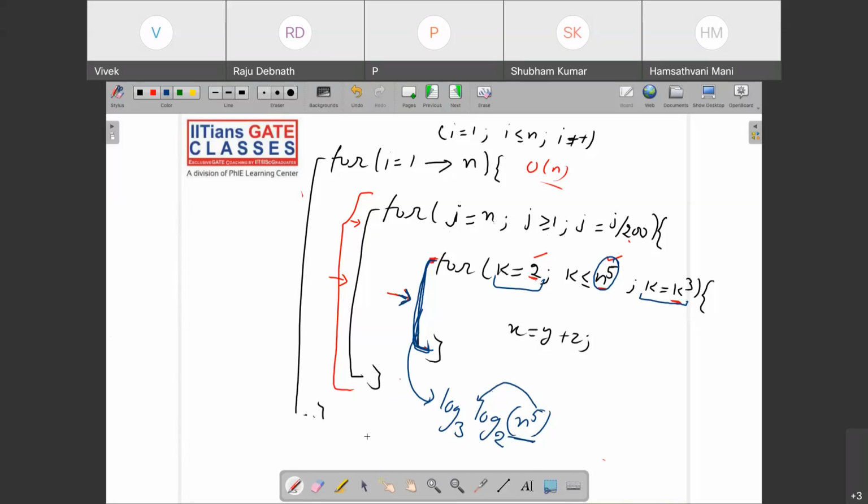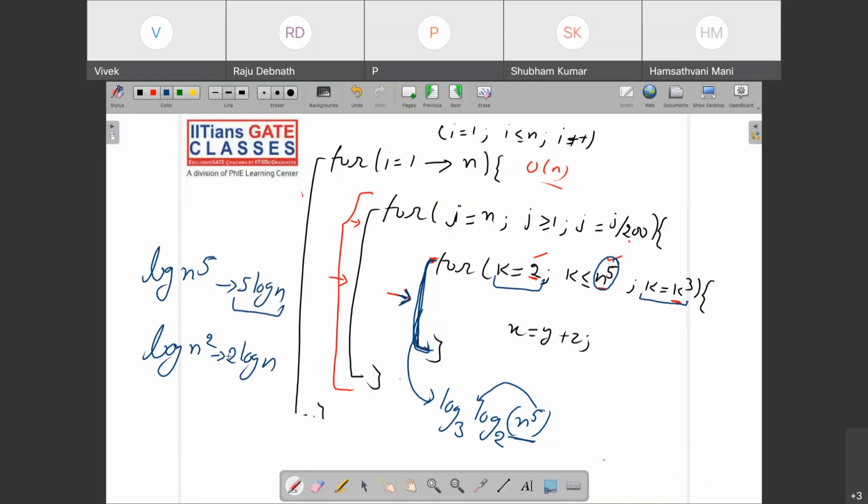You know that in logarithm, the constant power doesn't really matter. When we do time complexity analysis, try to write down in your notebooks that log n raised to power 5 will become 5 log n, and log n square will become 2 log n.